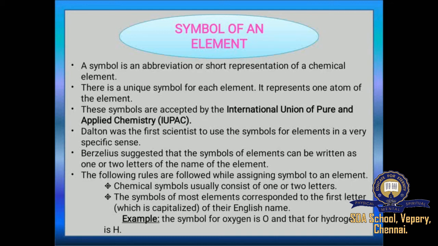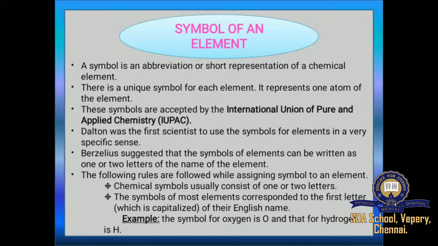These rules are very important while assigning a symbol for an element. First, chemical symbols usually consist of one or two letters. Only one or two letters can be assigned for a symbol.